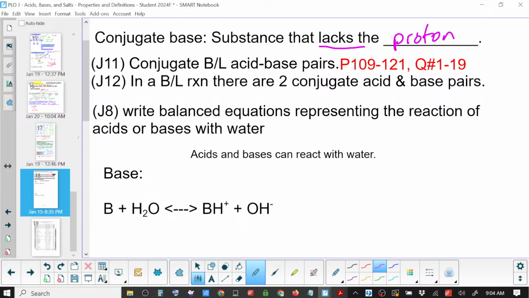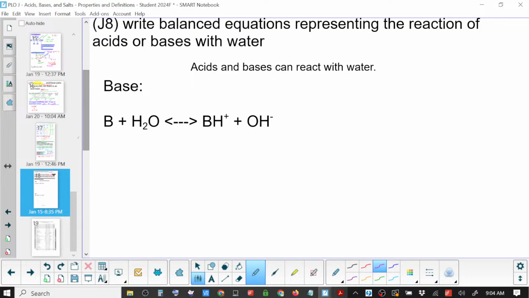The last one is, if you've already been writing acid-base reactions, we did a couple that reacted with water. The last two learning outcomes, know and be able to do, are that every acid or base can react with water. For a base, the general form is base plus water goes to its more positive form plus hydroxide.